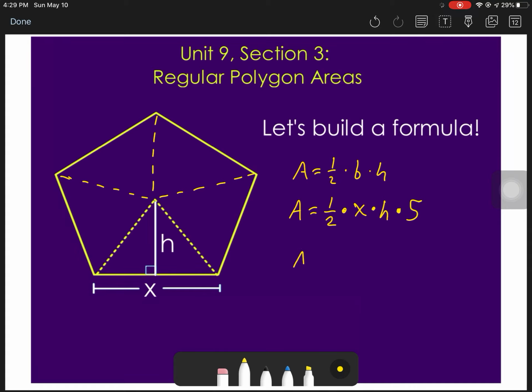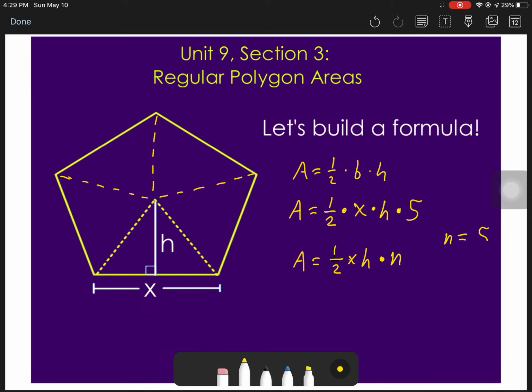All right, so the final product would be area equals, I'm just going to put everything on the top. 1/2 xh times, and then it would be the number of sides, so it would be n.